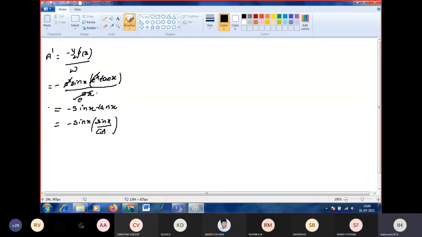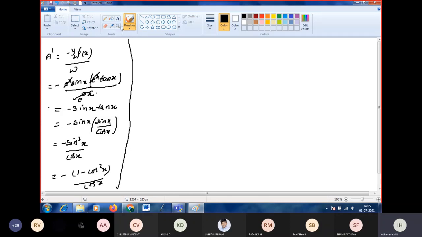What is sin x into sin x? Sin square x by cos x. How to write sin square x in terms of cos x? 1 minus cos square x. 1 minus cos square x by cos x. Now split the numerator. Actually I am simplifying this to get the standard integral, otherwise I cannot integrate it.